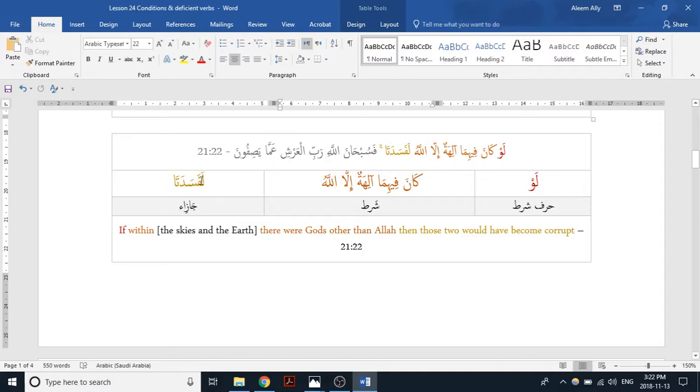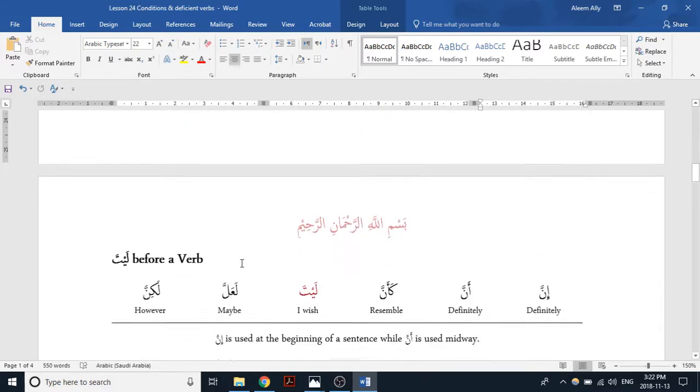And this la is here because of law, right? We would translate this as, if within the skies and the earth, because that was specified before, there were gods other than Allah, then those two would have become corrupt. And yeah, that is harfu shart.